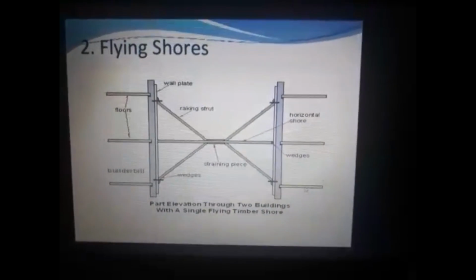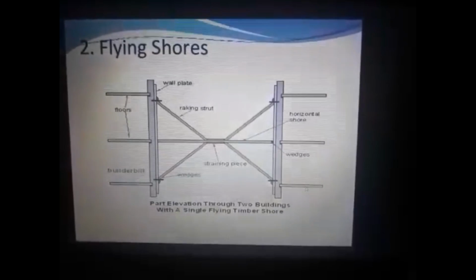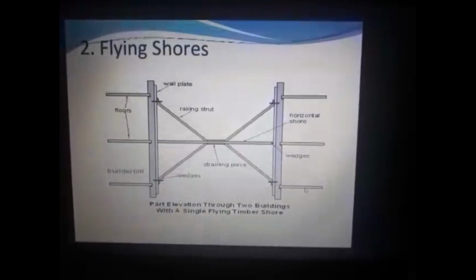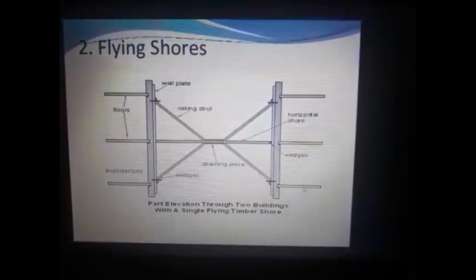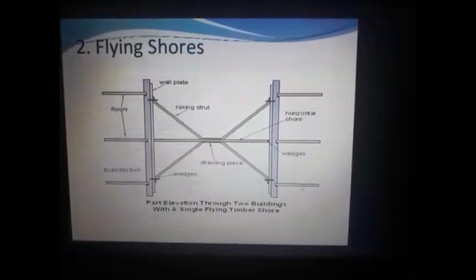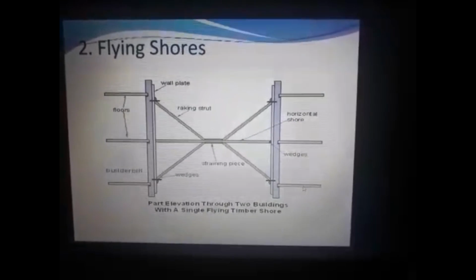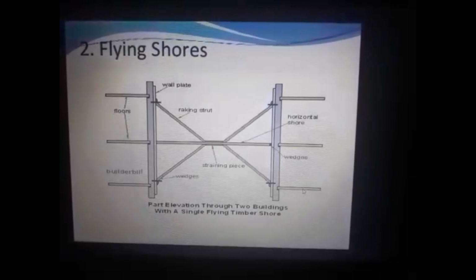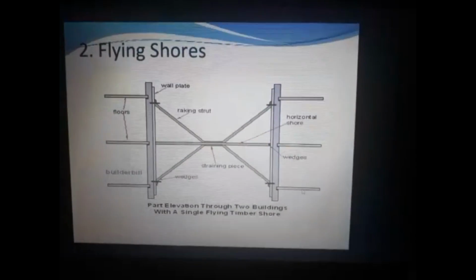Flying shores are used to provide temporary support to 2 parallel walls or 2 parallel structures, for example a trench, which otherwise may collapse if we don't use the flying shores.